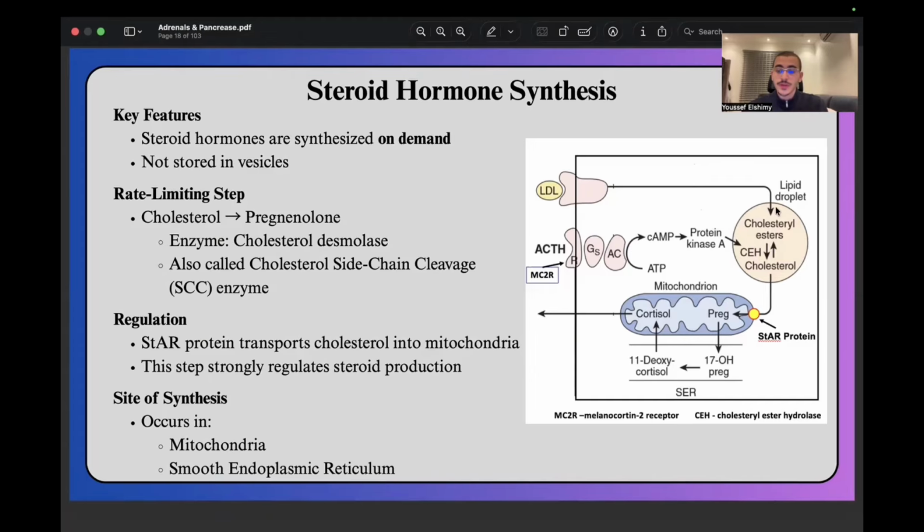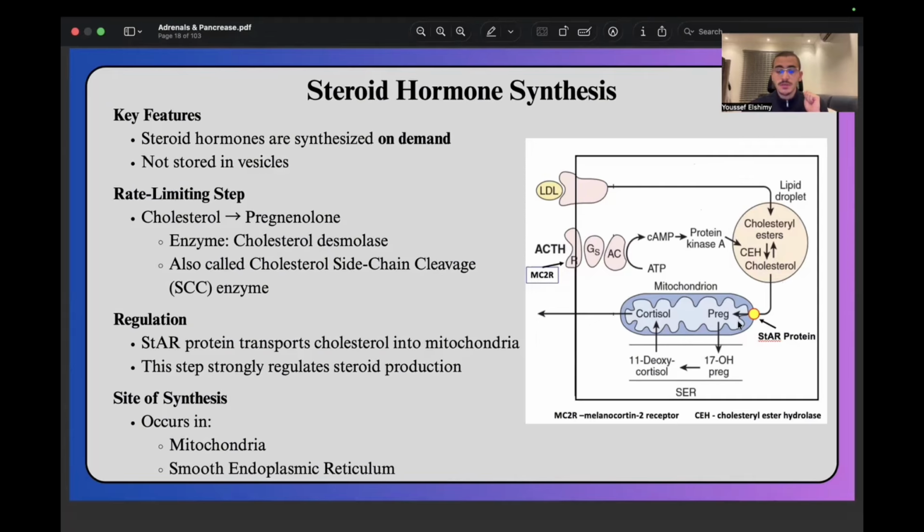We mentioned that cholesterol is a very important precursor for steroid hormone production. You can see that the StAR protein transports the cholesterol into the mitochondria, and this basically strongly regulates the steroid production.